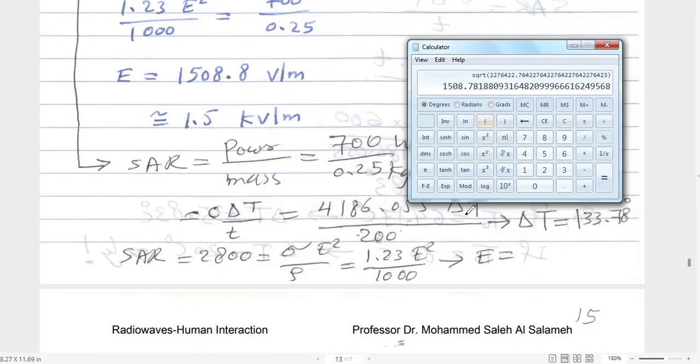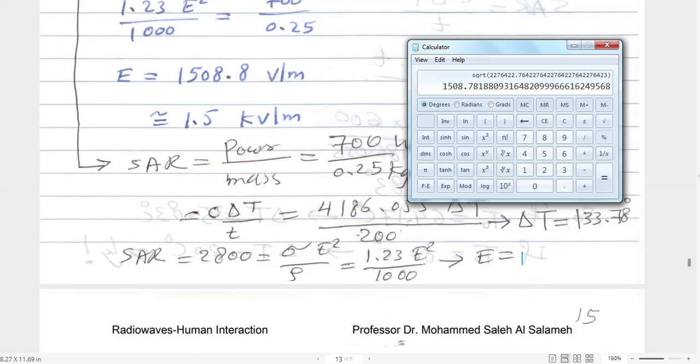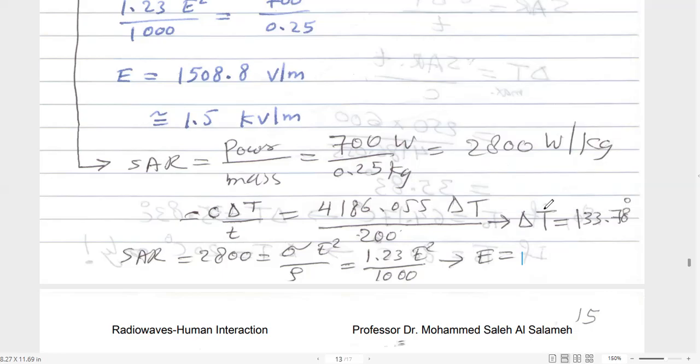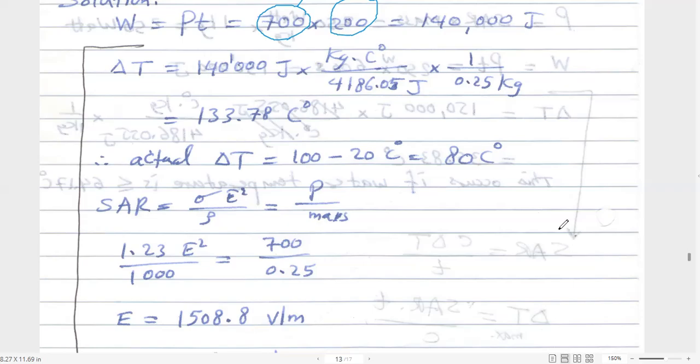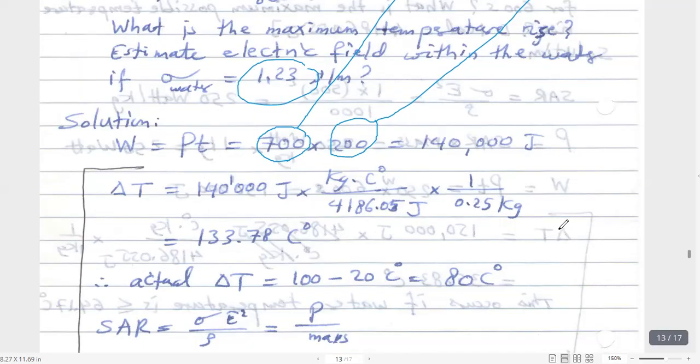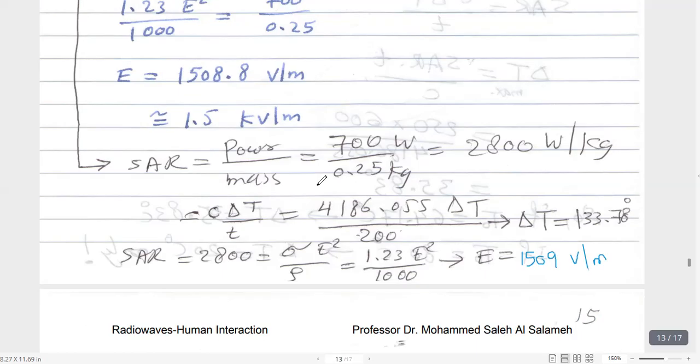The result E is 1508 or 1509. 1509 volt per meter. Here you can see it is the same value. Here 1508.8, so 1509 volt per meter.